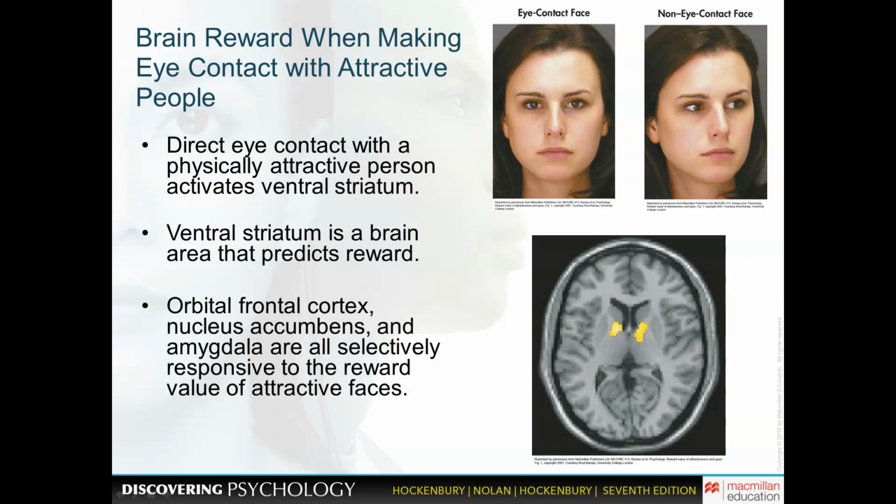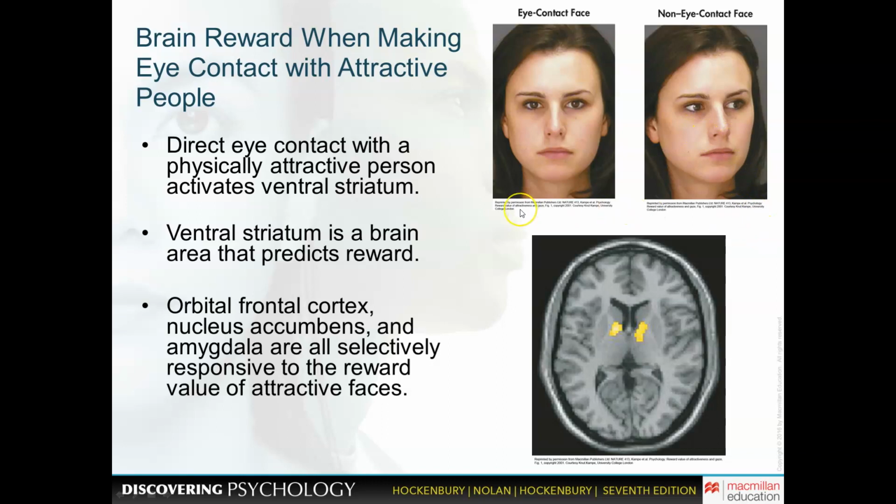When we're talking about attractiveness, from the neuroscientific perspective, certain parts of our brain actually activate when we see an attractive person that is making eye contact with us. On the top left-hand side, you can see that this lady is directly looking into the camera, hence eye contact, and the non-eye contact face is on the right-hand side.